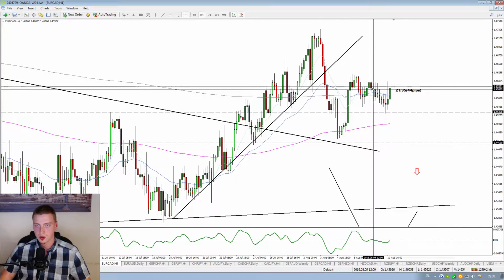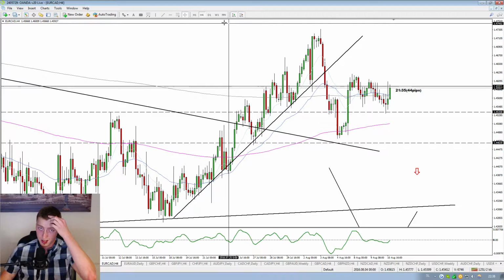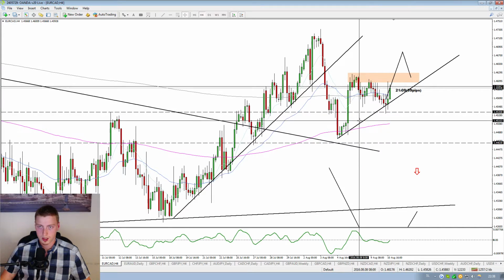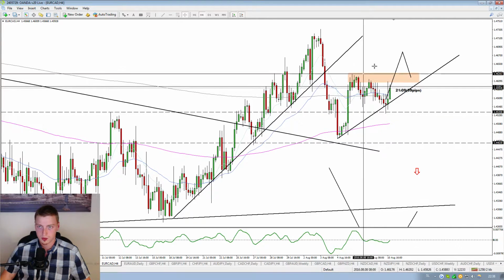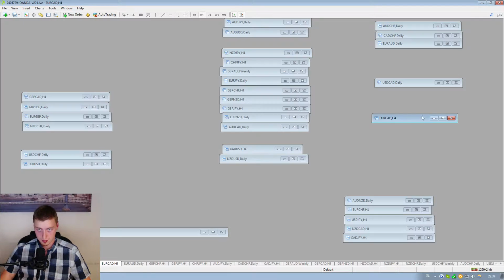So it's sort of 2 time frames conflict each other. So I really don't like that. So I'm waiting for break of this zone. We might also get a support trend line, so good zone. That's it.